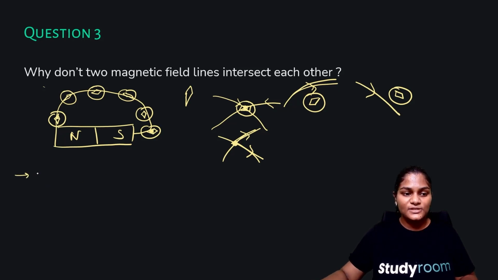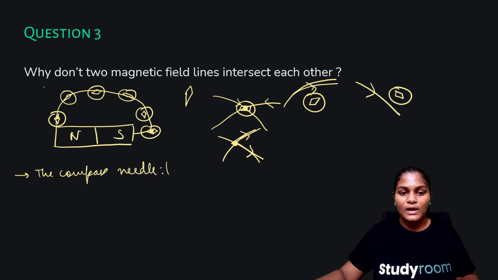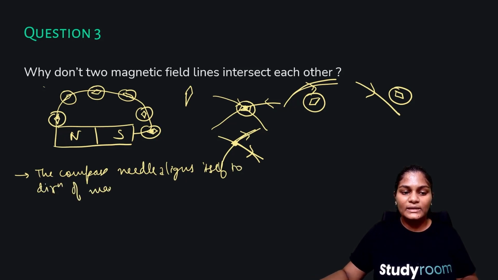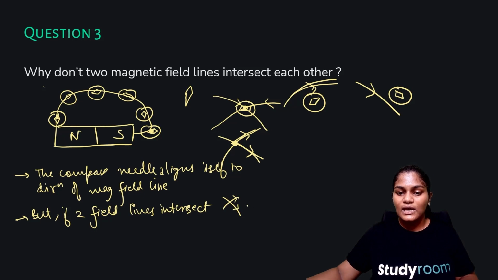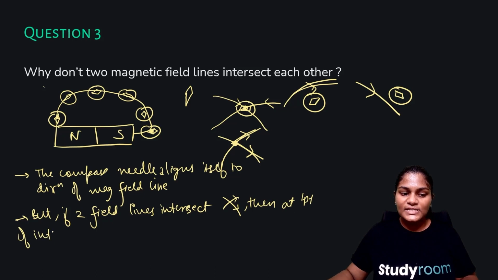Okay, so you can write it in this form that the compass needle aligns itself to the direction of the magnetic field line, right? But if two field lines intersect, then you can draw this figure like this. Then at the point of intersection, what is happening?